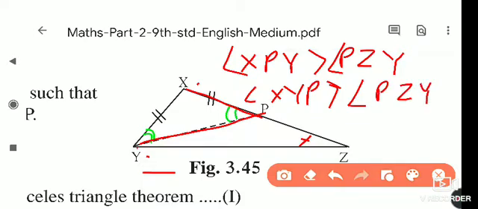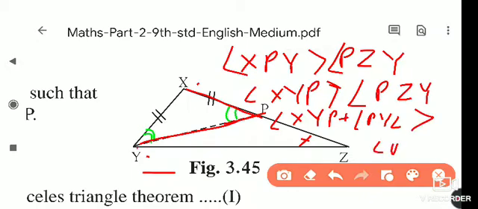Next step, inside angle xyp you just add the pyz. So here write angle xyp plus angle pyz is greater than angle pzy. And instead of reading the p, you can read this angle from x, and you will get your required proof.